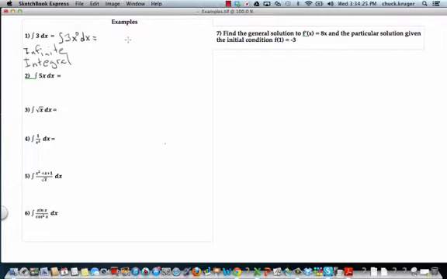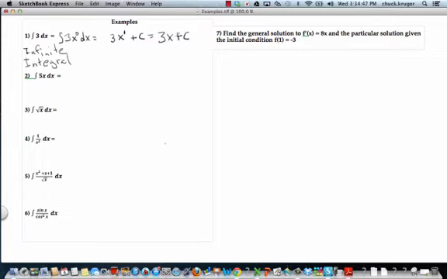And so if I'm going to follow the process, I'm going to add 1 to the exponent of x, and then I'm going to take 3 and divide it by that 1, which I get 3, and then add my constant. So that's the same as 3x plus c.